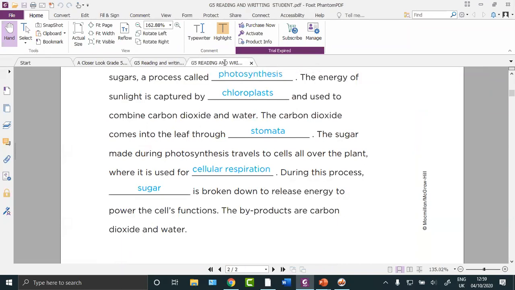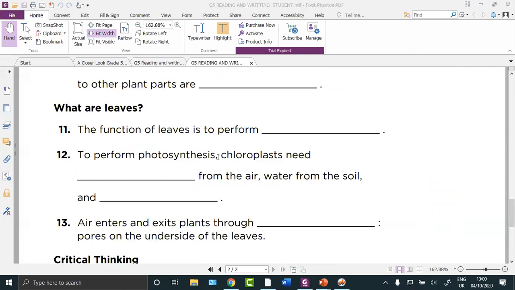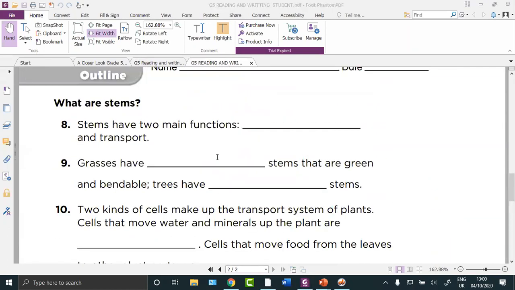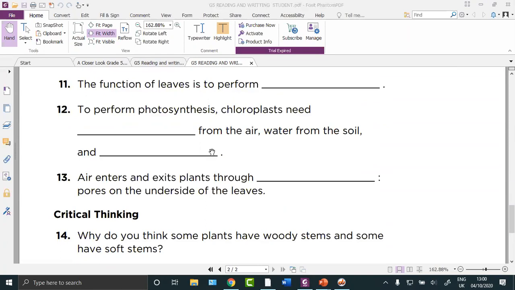Page 14. Can I answer? Yes, number 11. The function of leaves is to perform photosynthesis.